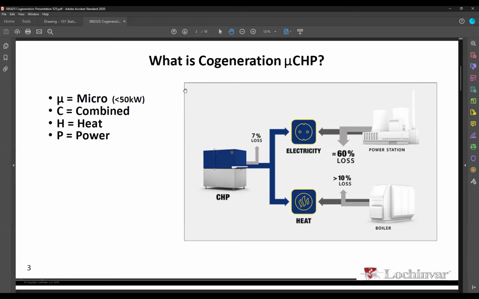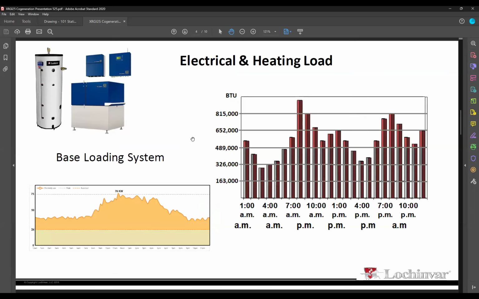Ultimately, what you're doing is, rather than having your power plant produce your power at 60%, and a boiler being at let's say 90% for the 10% loss, versus CHP, you're at 7% loss. If you take gas, it's basically like a liquid cooled, jacketed generator that's super efficient.